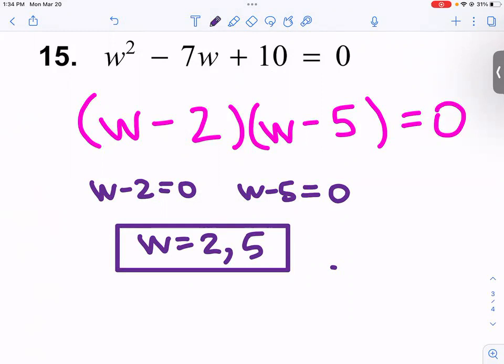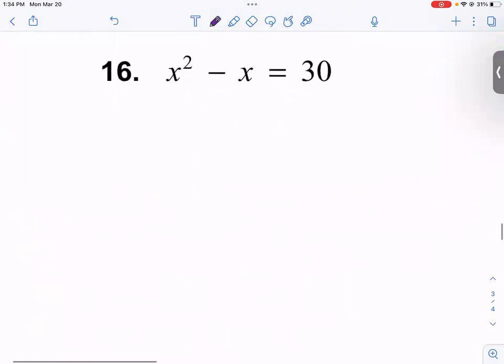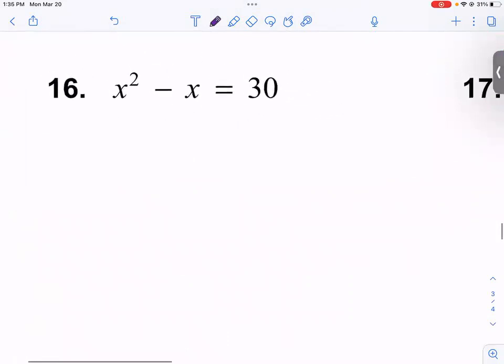Now, here's the trick. Do we have something called the 3 products property? The 8 products property? The 30 products property? No. We only have the 0 product property. So if I'm looking at number 16 here, I can't do anything with it unless it equals 0.